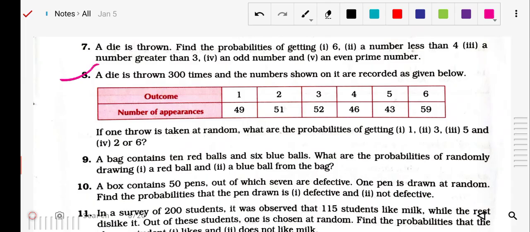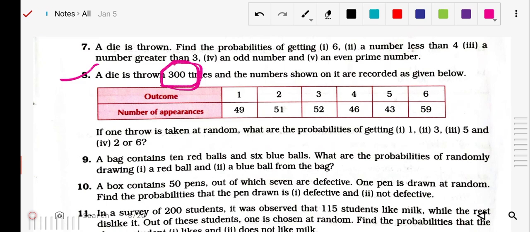Question number 8: a die is thrown 300 times and the numbers shown on it are recorded. The die was thrown 300 times.